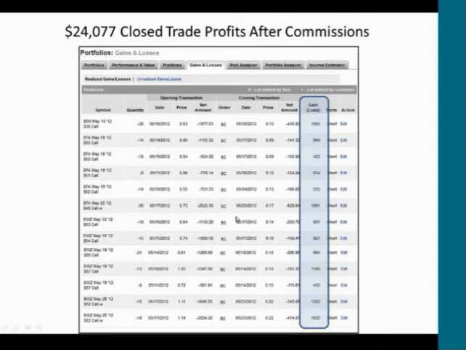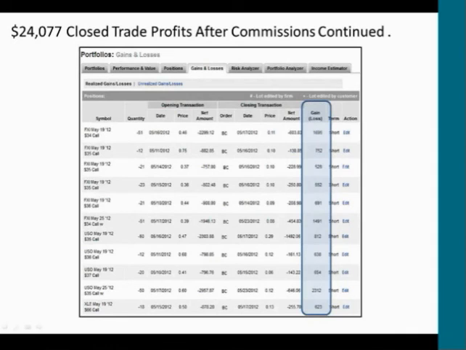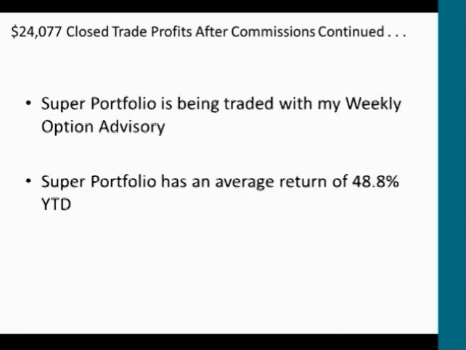These are my actual closed out trades, and this report lists the closed trade profit or loss in this column right here. So for these May 19th options, I had net profits of over $24,000, and that's after commissions, and that's in these 2 accounts.